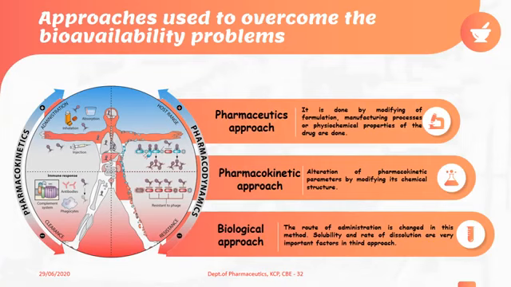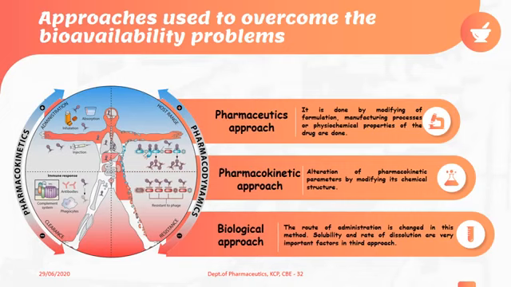So there are some approaches to overcome the bioavailability problem. The first approach is the pharmaceutical approach. It is done by modification of the formulation, manufacturing process or physicochemical property of the drug. Through any one of these, we can enhance the bioavailability.